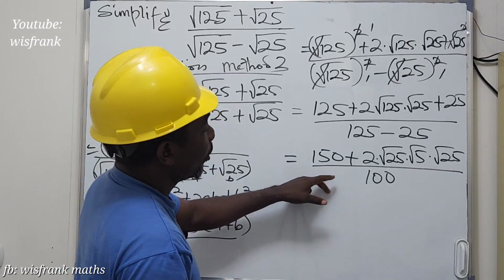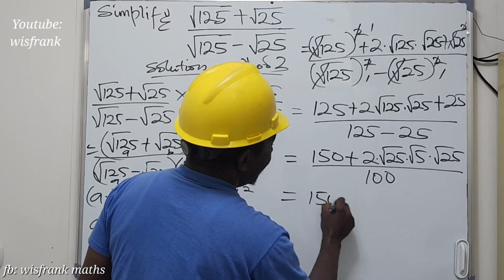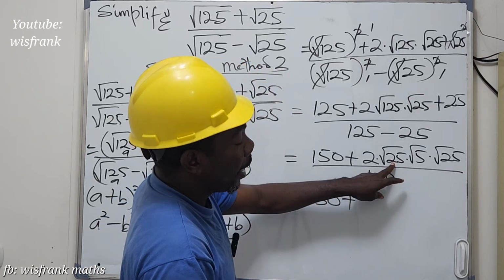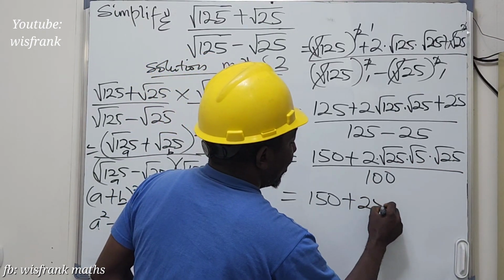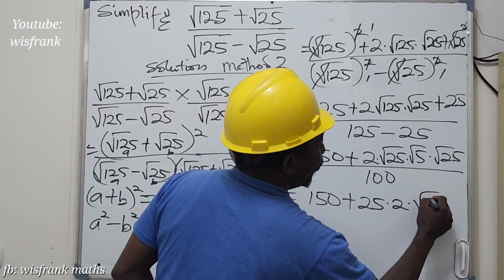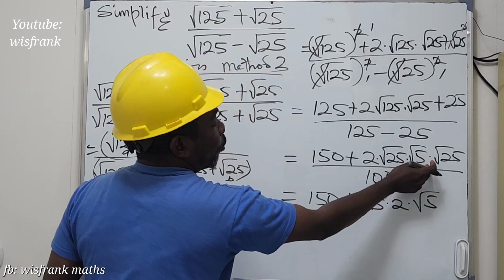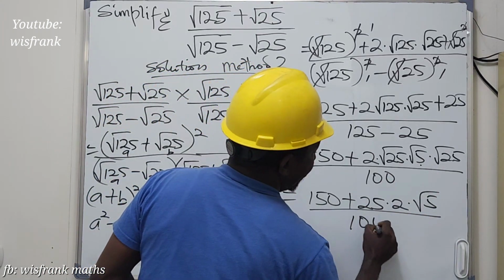So this becomes 150 plus, you know that root 25 times root 25 gives us 25. So we have 25 times 2 times root 5, and we are left with root 5. So all over 100.